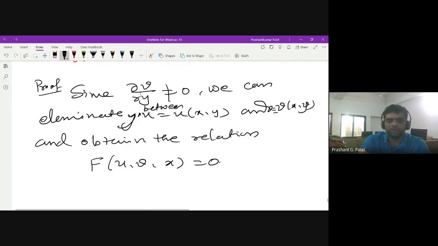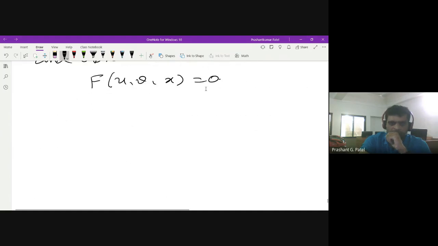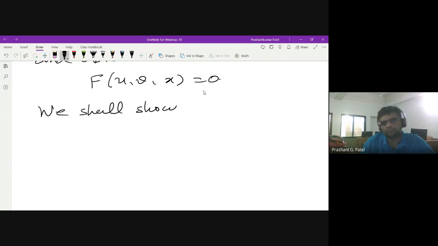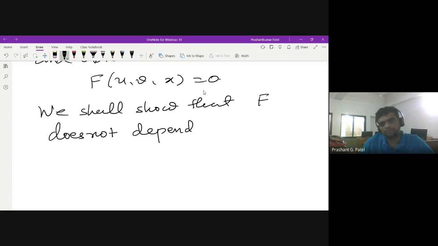Due to ∂v/∂y being non-zero, we have done that. Now we will show that F does not depend on x.